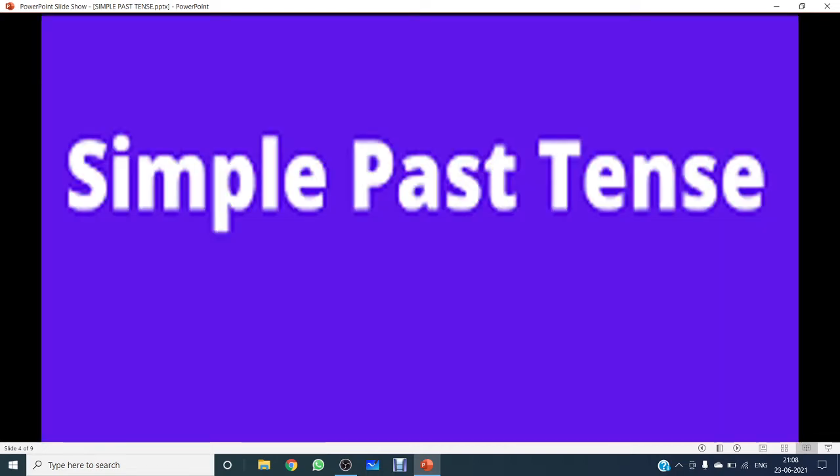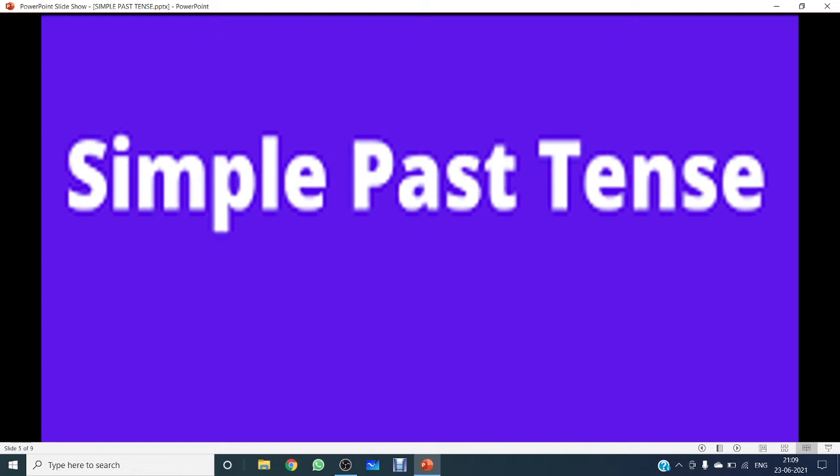Now, coming up to the main part of our lesson today. We have simple past tense to be learnt today. What is simple past tense? We will be learning only about simple past tense today.